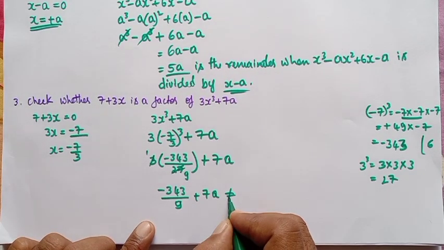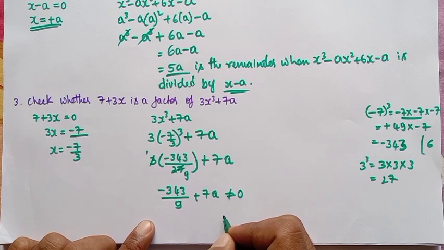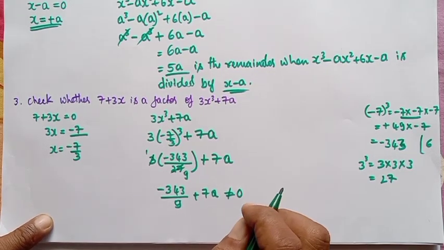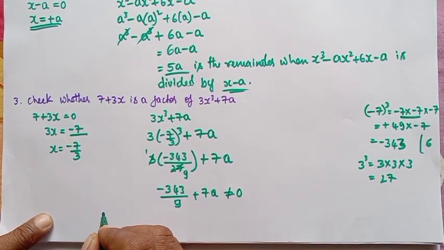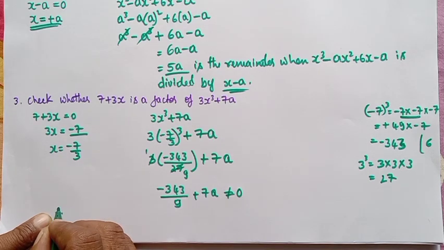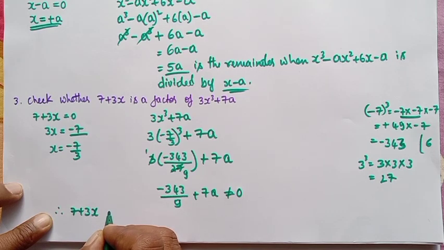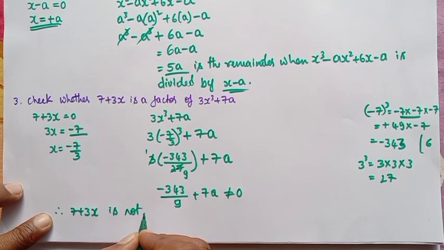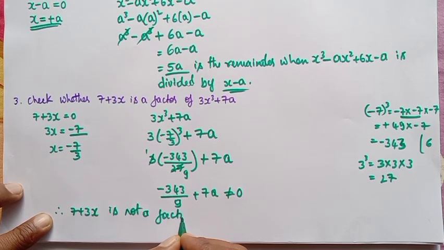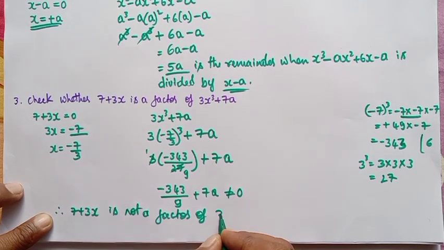Which is not equal to 0. This is not equal to 0. Therefore 7 plus 3x is not a factor of 3x cube plus 7a.